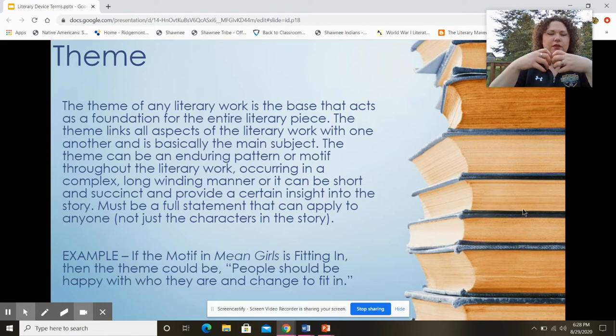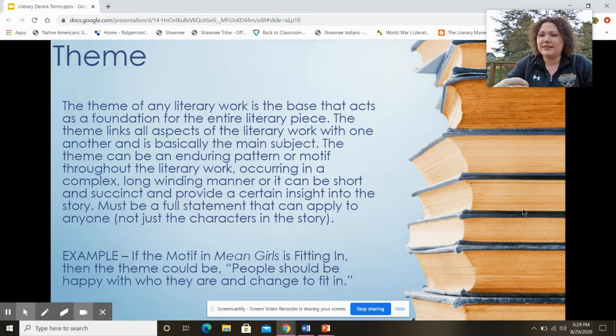So when we're reading and we're watching Mean Girls, if our motif is fitting in, like I said earlier, the theme would be that people should be happy with who they are and not change to fit in. So you want to take your motif, your main idea that you see repeated over and over again in a chapter or within that whole story, and then you expand that into a full statement to have your theme.